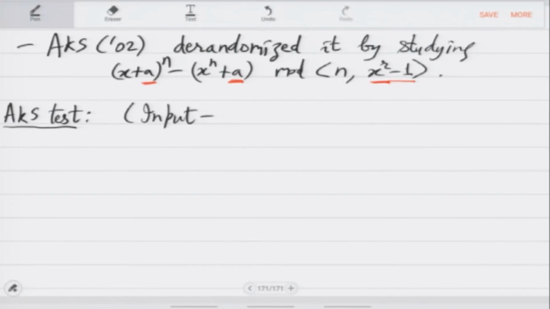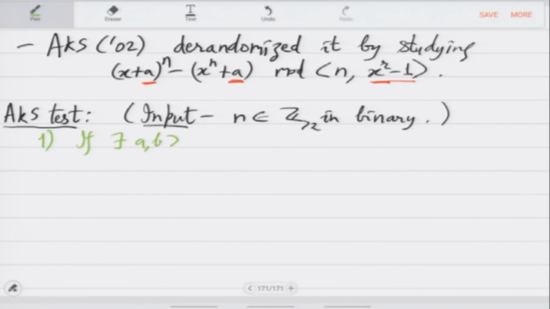The input as always is a number n in binary. So step 1 as always is: if there exist a and b such that n is a^b, that is, n is a perfect power, then output composite.